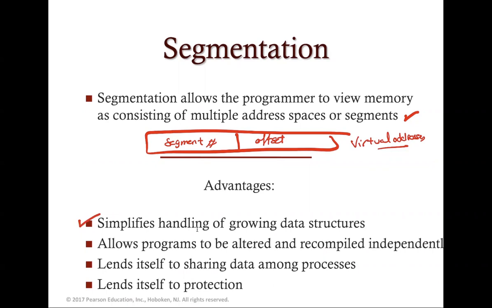If the programmer doesn't know ahead of time how large a particular data structure will become, it is necessary to guess unless dynamic segment sizes are allowed. With segmented virtual memory, the data structure can be assigned its own segment, and the operating system will expand or shrink the segment as needed.